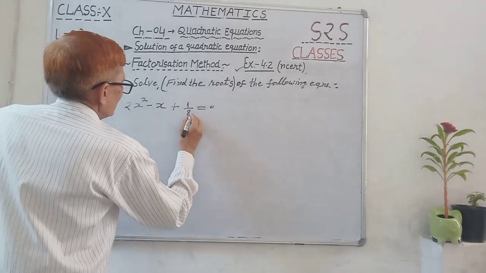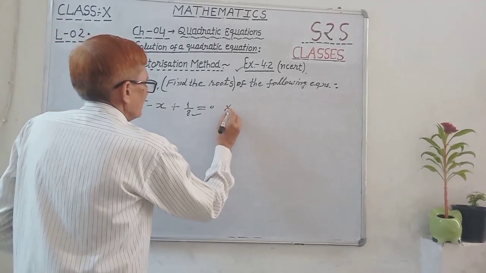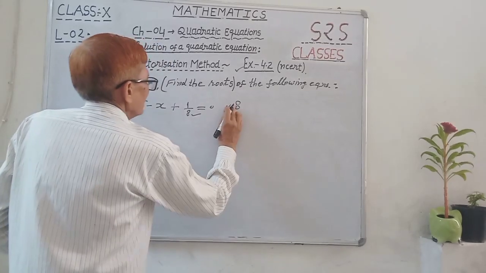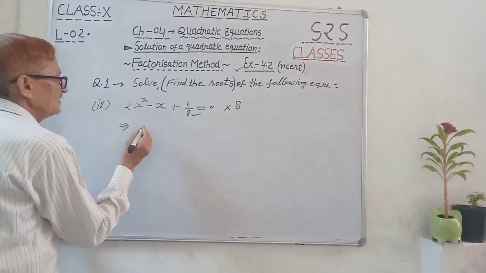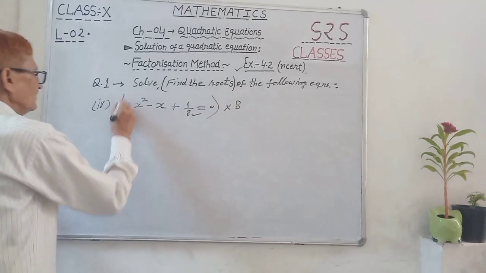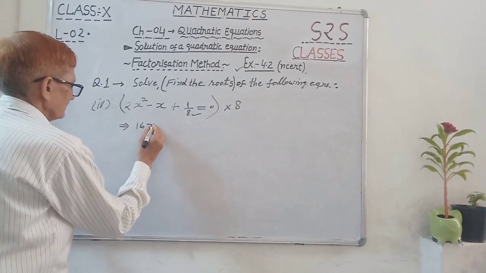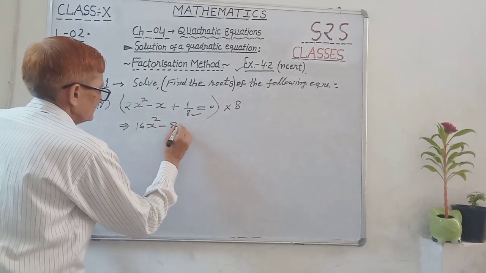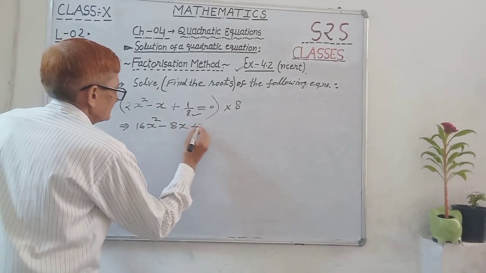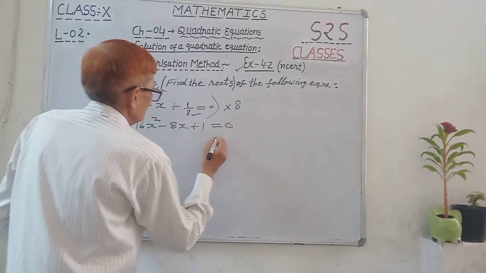Now here 8 is a single denominator, then multiply by 8 to solve. Multiply 8 into the full equation. So 8 into 2x square is 16x square, minus 8 into x is 8x, plus 8 into this 1 only, equal to 8 into 0, which is 0.